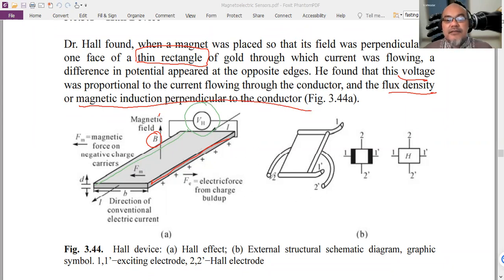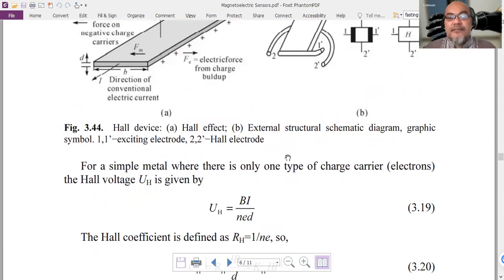For example, this is the external structural schematic diagram. Terminals 1 are the exciting electrodes where current flows, and 2 and 2 dash are the Hall electrodes at the edge, where voltage is measured. The perpendicular magnetic field penetrates through this thin conductive plate.